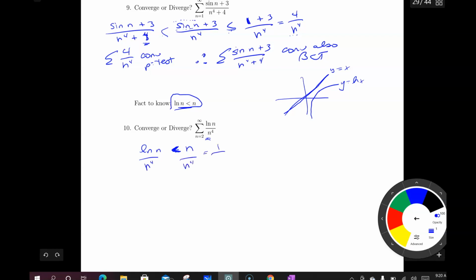And what I see here, this gives me 1 over n cubed. So this sum of 1 over n cubed converges by p-test. So therefore, I get that the smaller one converges also by basic comparison test. Whoops, I forgot my 2 to infinity and equals 2 to infinity.